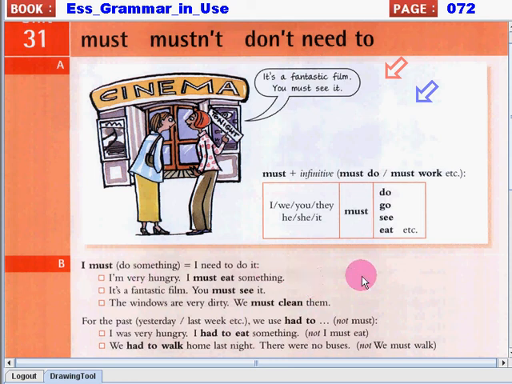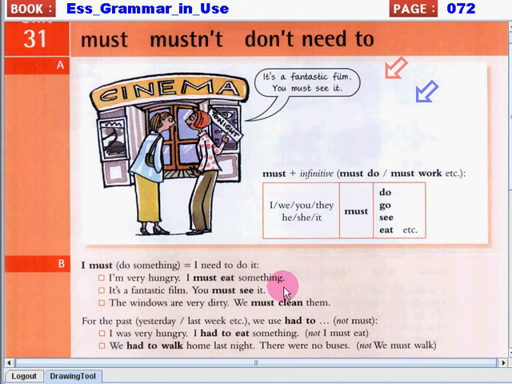Next, it's a fantastic film. You must see it. In this sentence, the other person is saying that the movie is very good. Thus, he or she is recommending it to another person.